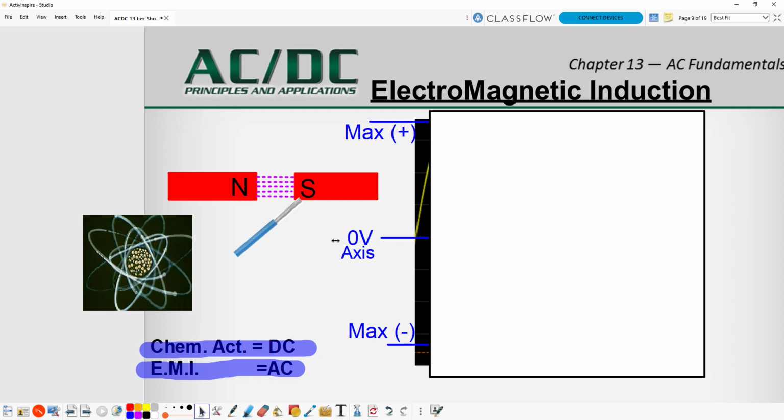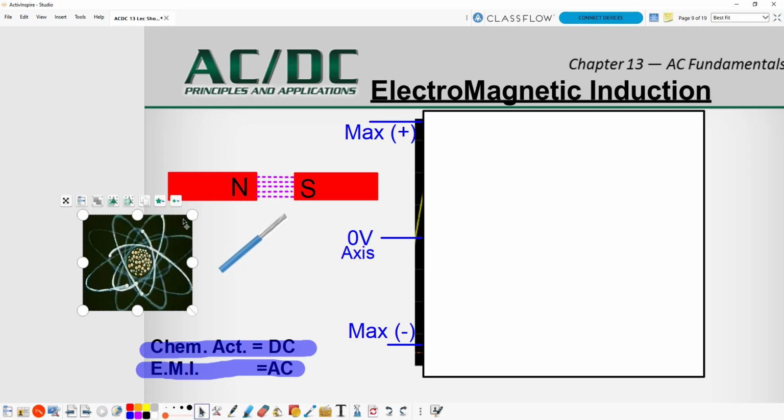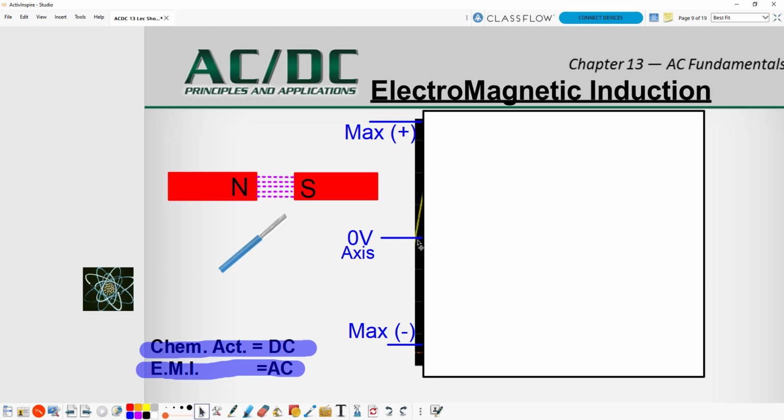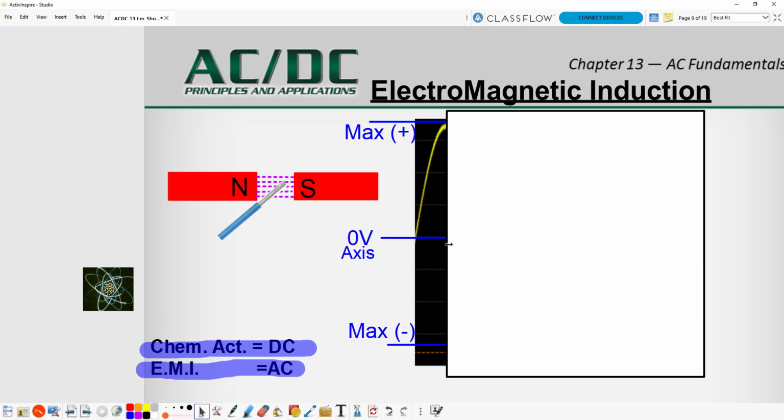You'll notice that when we first get started, our conductor is totally out of the magnetic field. He's not cutting any lines of magnetic attraction. So at that point, the waveform is at 0 volts. As we move the wire and we begin to cut some of the lines of magnetic attraction, the sine wave will produce more and more voltage until we get in the middle of the lines of magnetic attraction, and at that point, we're cutting the maximum number of magnetic field lines, and we reach our maximum positive voltage.